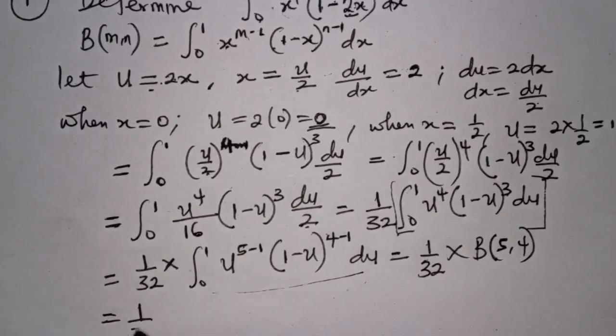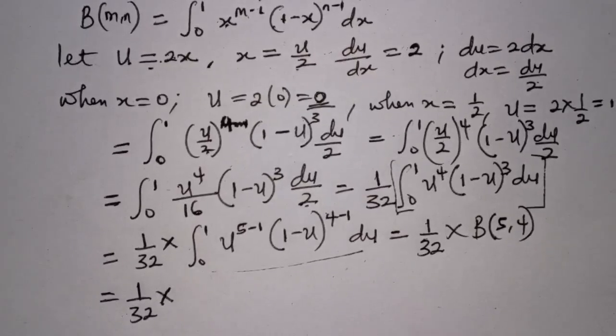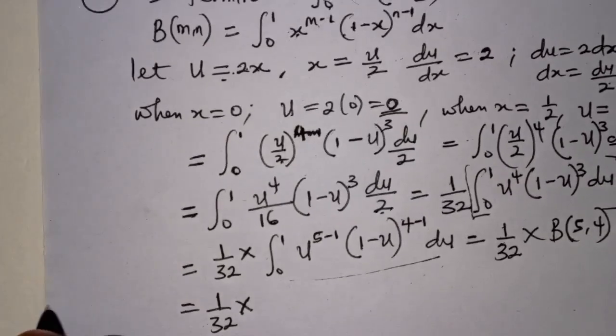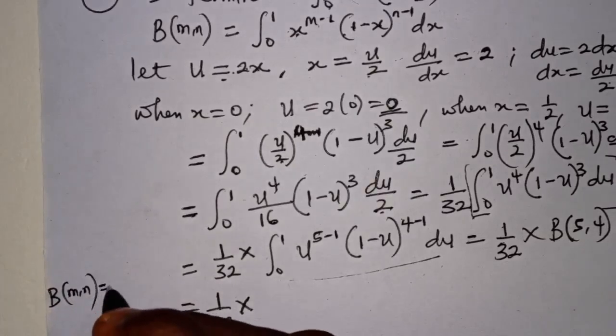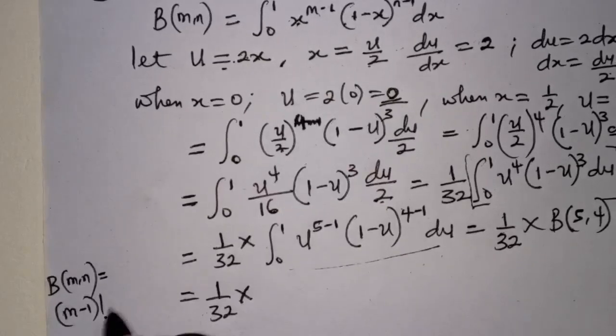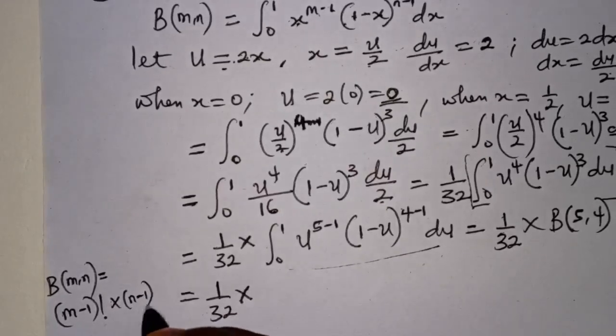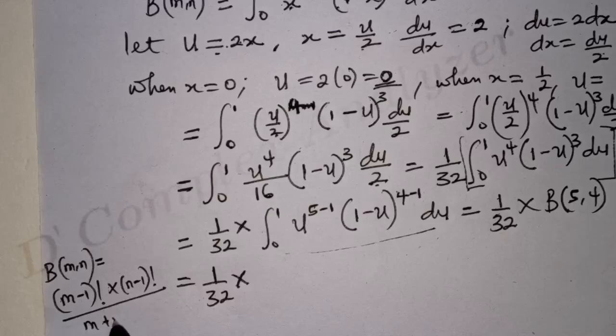This is 1 over 32 times, I gave you a formula in the previous video on the beta function, and I said that beta of m and n is simply m minus 1 factorial times n minus 1 factorial divided by m plus n minus 1 factorial.